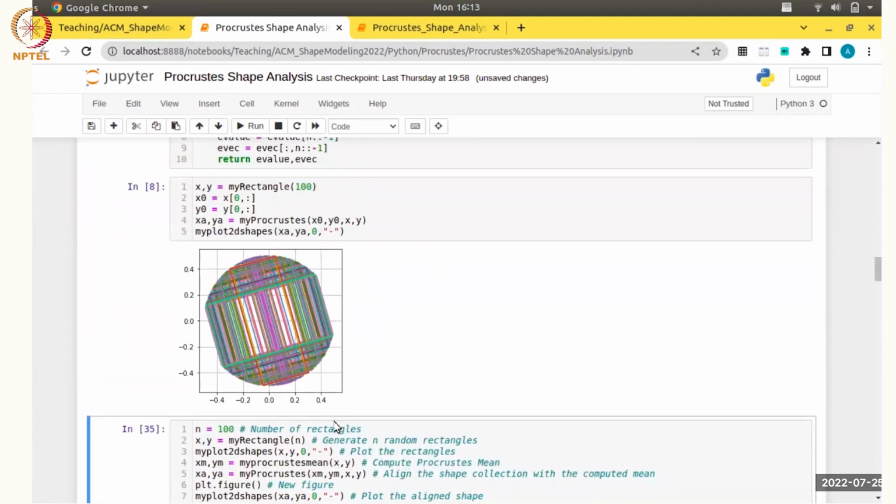Something like this. So there's a red rectangle. I hope you can see clearly. This is the mean, the red rectangle. Everything else is aligned.